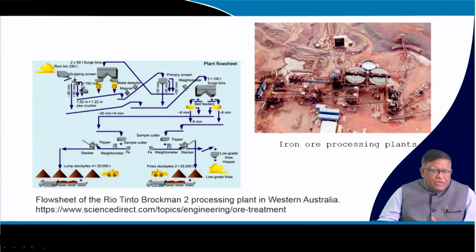It also shows how the run of mine iron ore, when it comes, is given to the receiving hopper, from there goes to a scalping screen, and then they differentiate the minus 30 and plus 30 sizes. Then it goes on a series of conveyor belts, with closed loop as well as open loop systems.